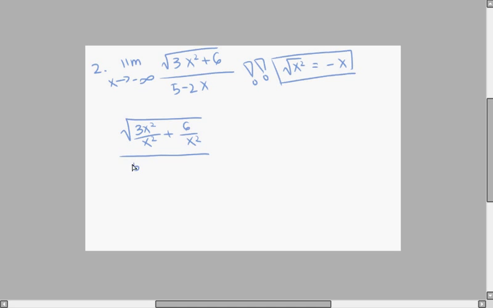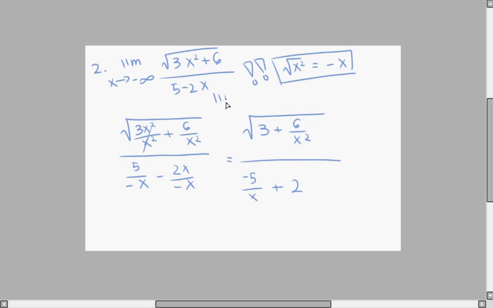So we would have 5 over negative x minus 2x over negative x. And once we simplify a bit, x squared and x squared cancels out, so we get root 3 plus 6 over x squared. And on the bottom, we would get negative 5 over x plus 2.